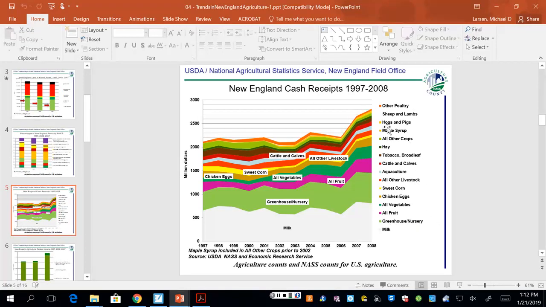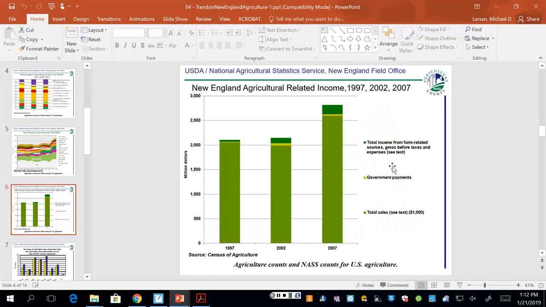Cash receipts, that would be quantitative, but again, they're breaking out that quantitative variable by all these different categories. Milk, greenhouse, nursery, fruit, vegetables, and so on. Income, split out by government payments versus sales.